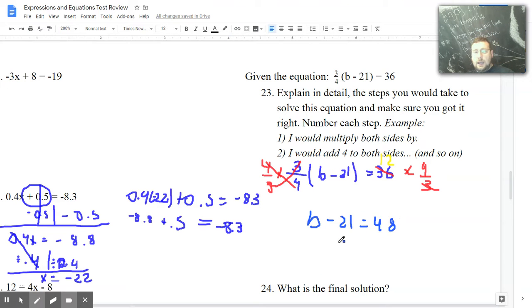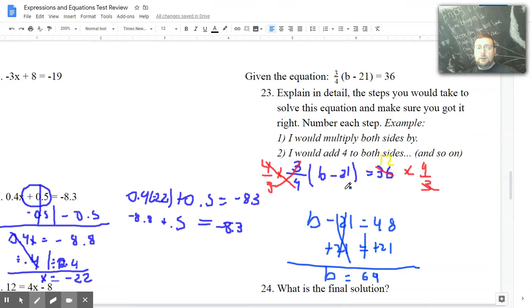Okay? Now I have to get rid of the negative 21, so I add 21 to both sides. And that's exactly what I'm going to do here. Plus 21 on both sides. The 21s will then cancel out, and then all I have left is b equals 48 plus 21, which is 69. And that is a great answer.